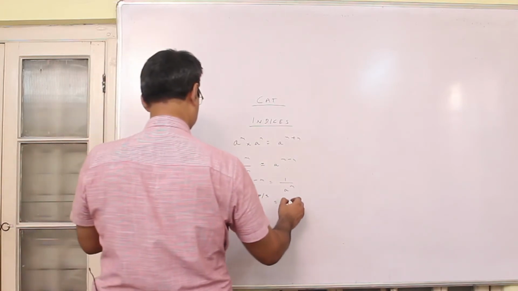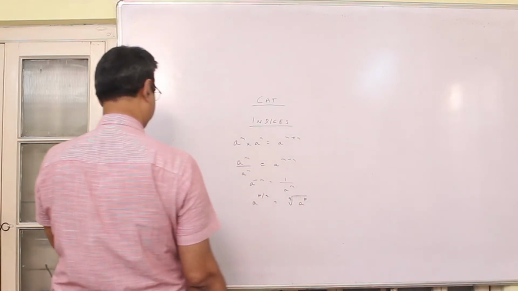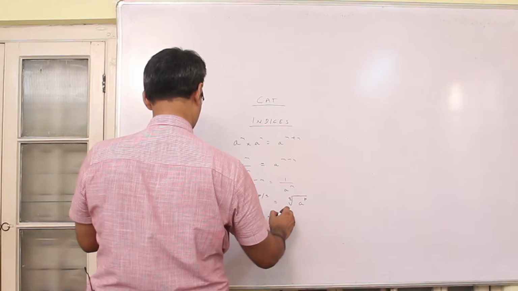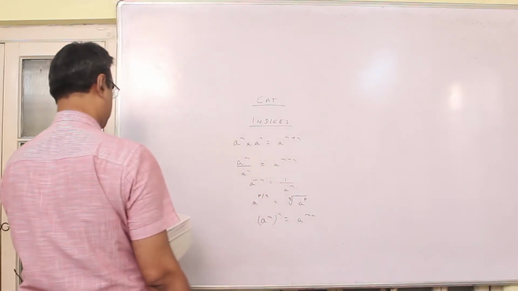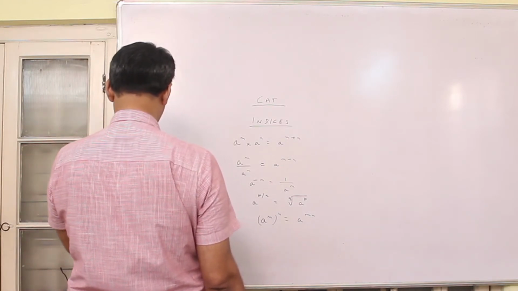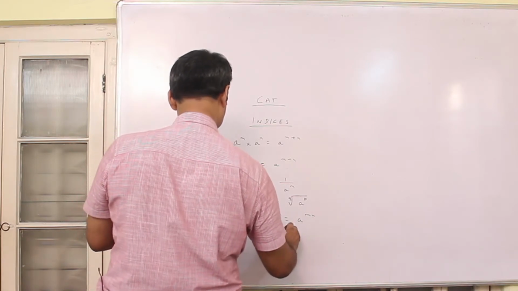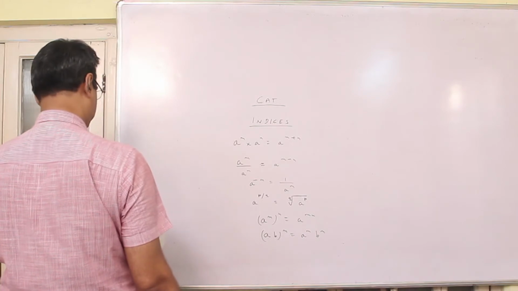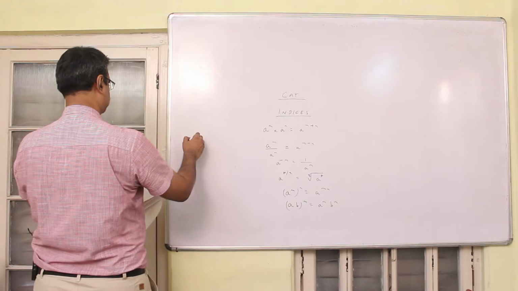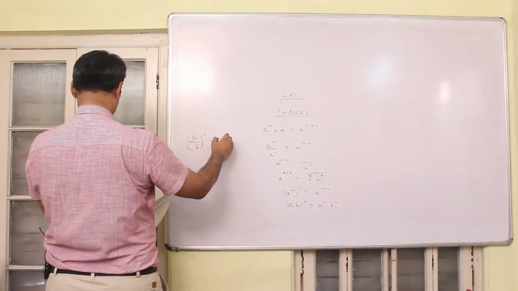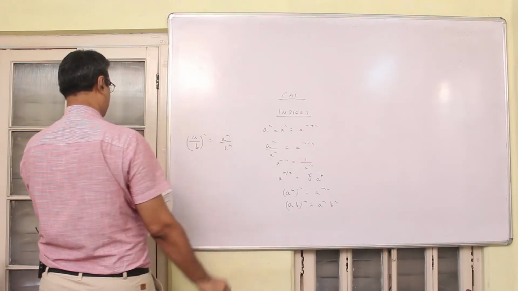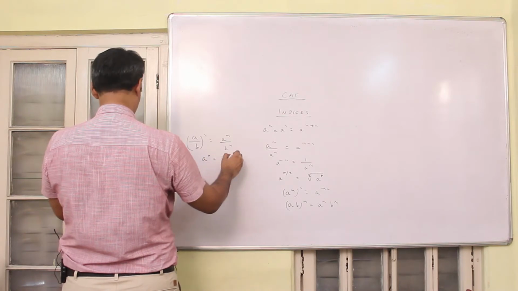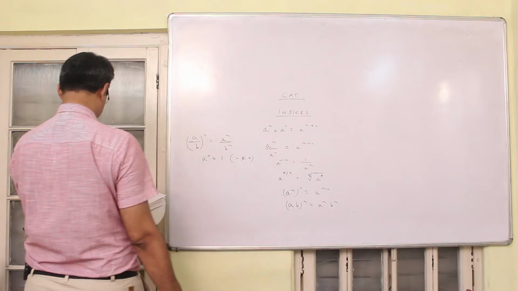a to the power p by q is equal to the qth root of a to the power p. a to the power m whole to the power n is equal to a to the power mn. ab whole to the power m is equal to a to the power m into b to the power m. a upon b whole to the power m is a to the power m by b to the power m. a to the power 0 is always 1 except when a is 0.